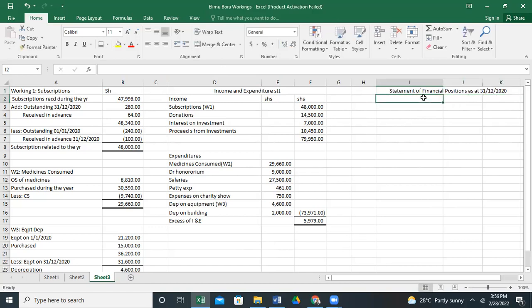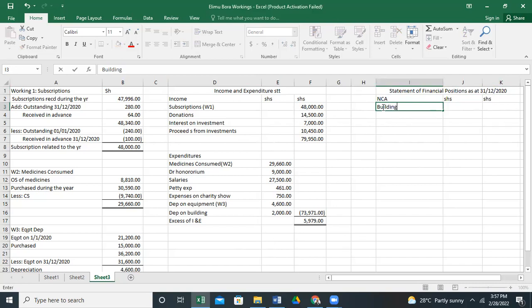So I go on. I start with what we call the shillings. So we start with what we call the non-current assets, what we formerly used to call fixed assets. So I have buildings.